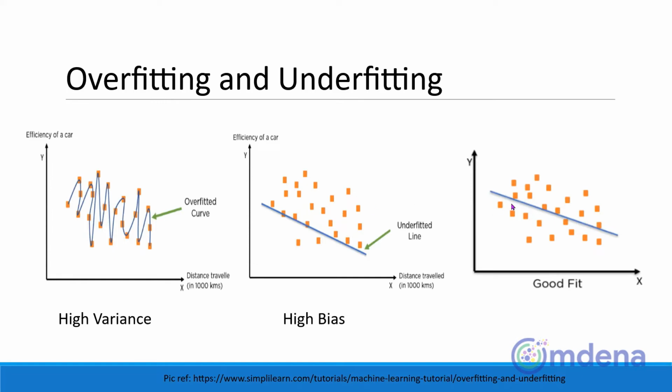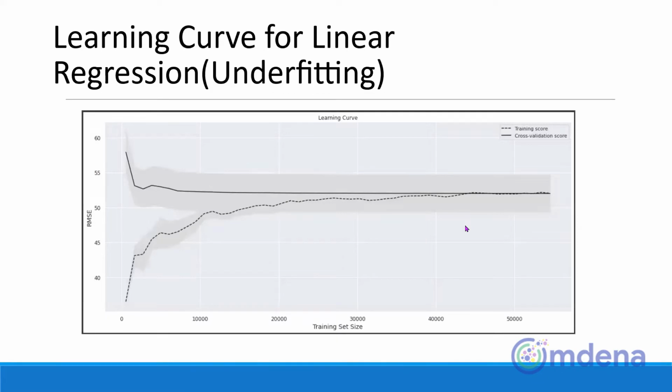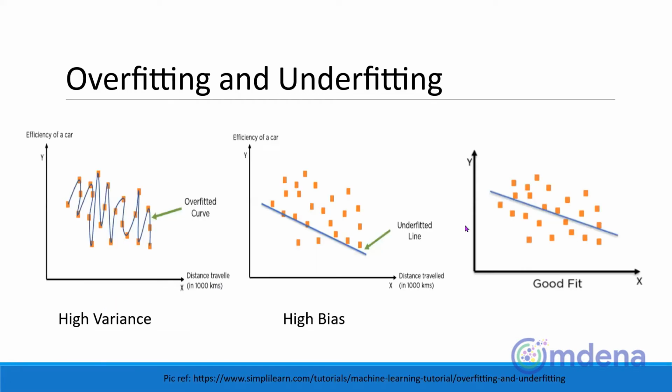So this one is a good model. Actually, in machine learning, there will always be a trade-off between the variance and the bias. So it should be balanced so that we get good results.